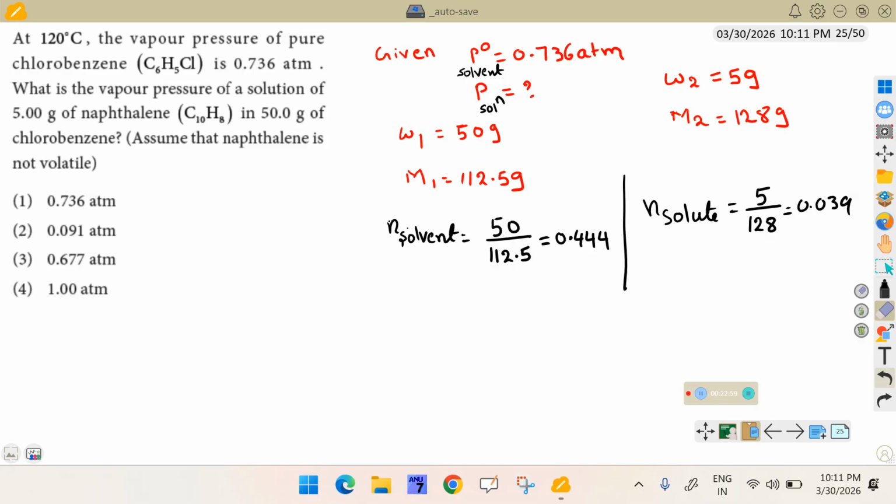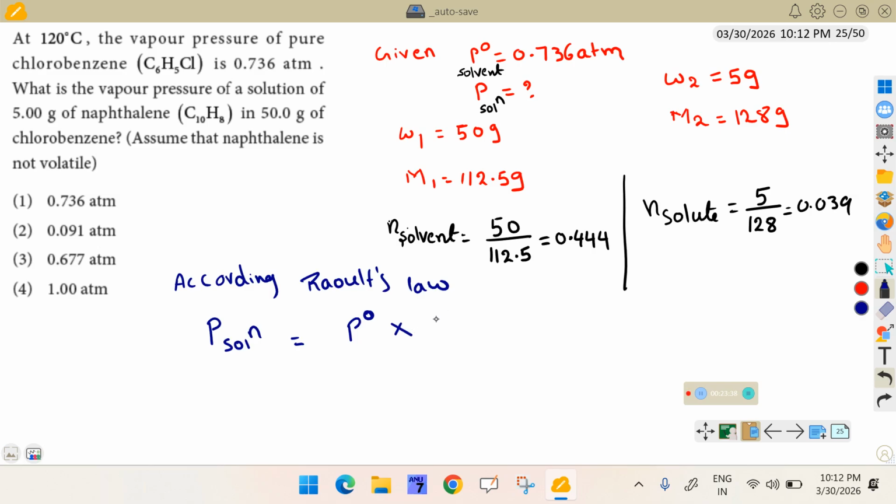At 120 degrees Celsius, the vapor pressure of pure chlorobenzene is 0.736 atmospheres. What is the vapor pressure of a solution of 5 grams of naphthalene in 50 grams of chlorobenzene? According to Raoult's law, partial pressure of the solution is equal to partial pressure of the pure solvent into mole fraction.